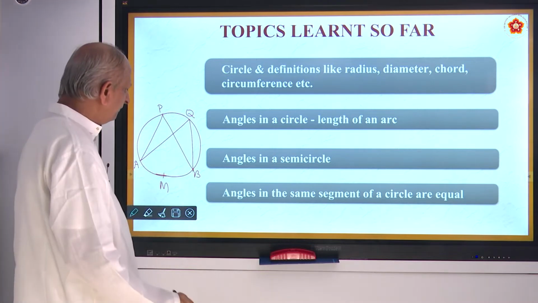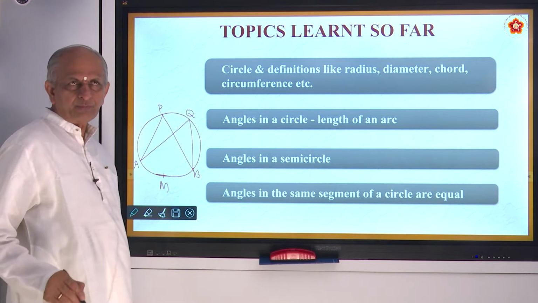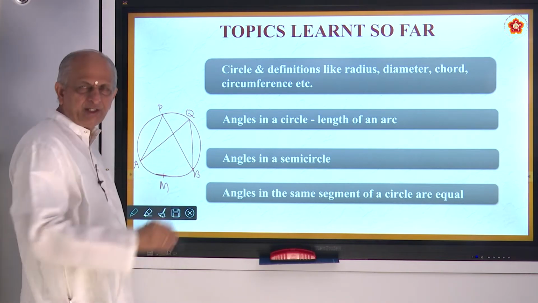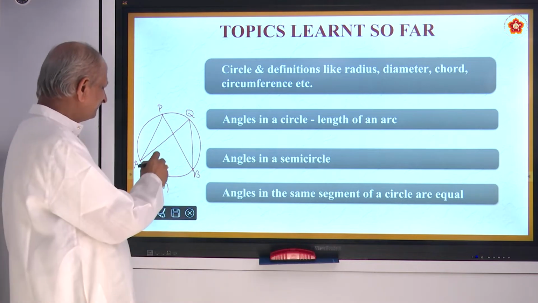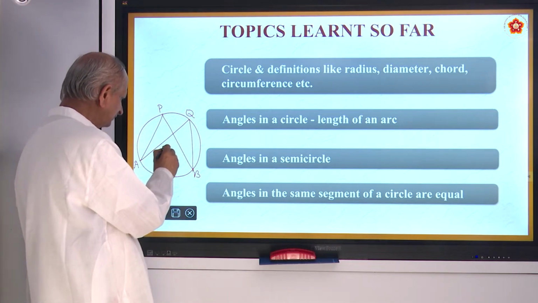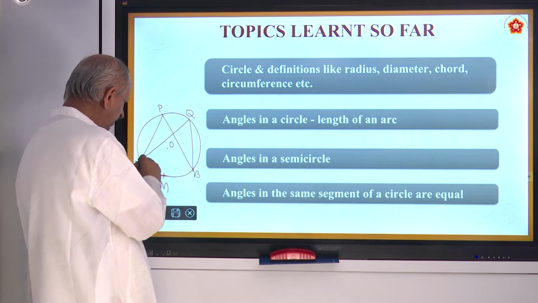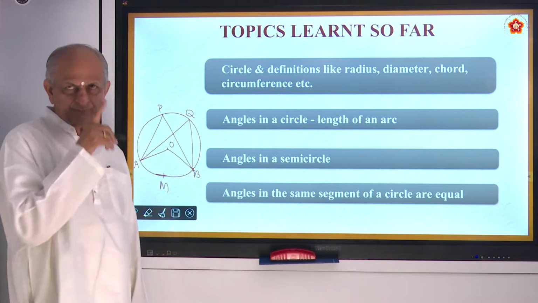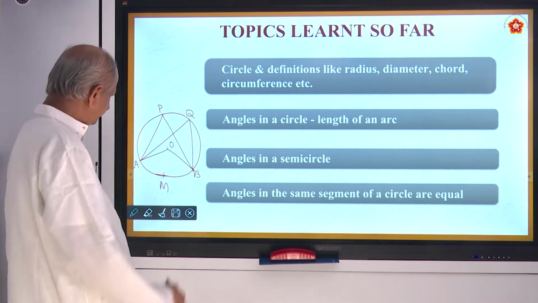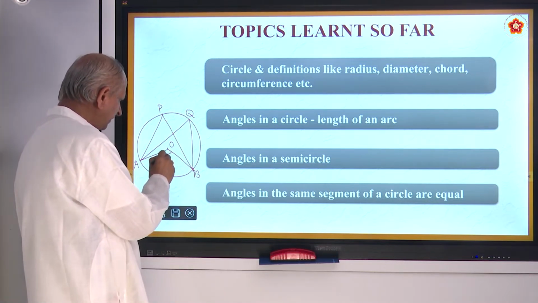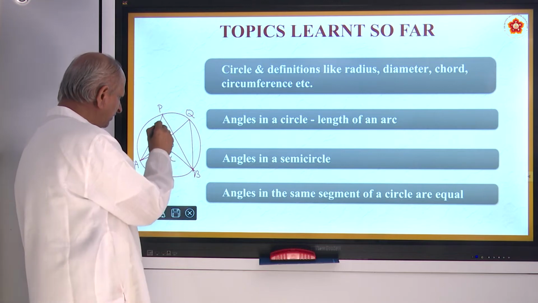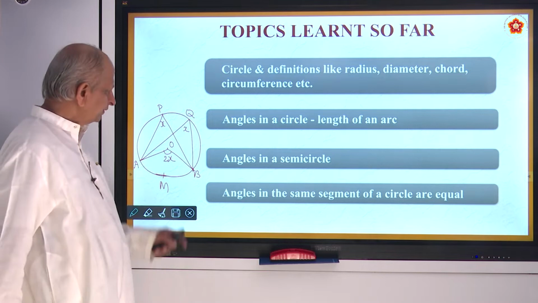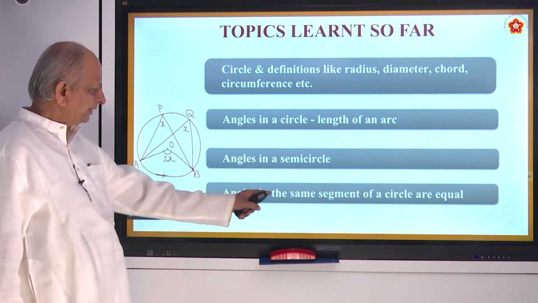It forms angles at the circumference, namely APB and AQB. See, here is a center and this is called the angle formed at the center. This angle formed at the center will be double the angle formed at the circumference. Suppose this is x. These two angles will be equal. That is what he said.